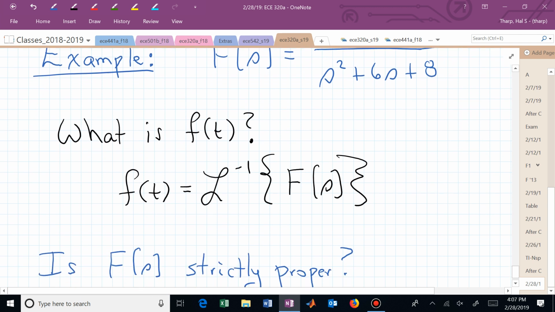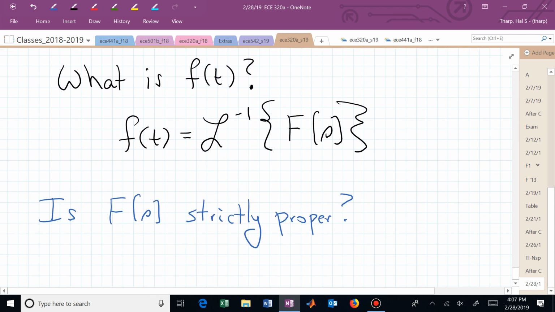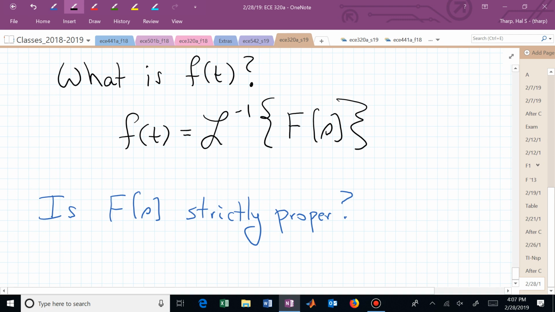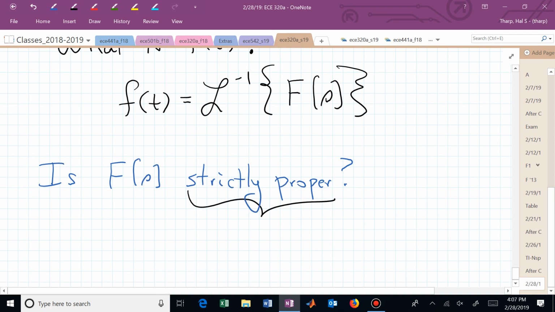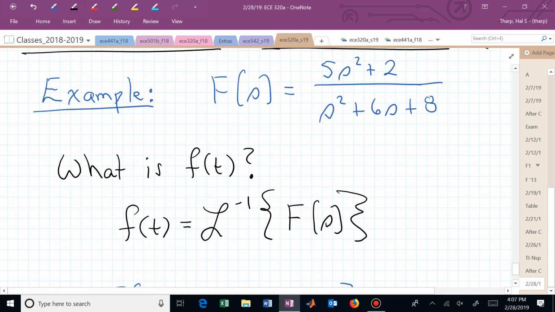What does strictly proper mean by definition? What's the relationship between the polynomial orders of the numerator and the denominator? We want the degree of the numerator to be less than the degree of the denominator for F of s to be strictly proper.